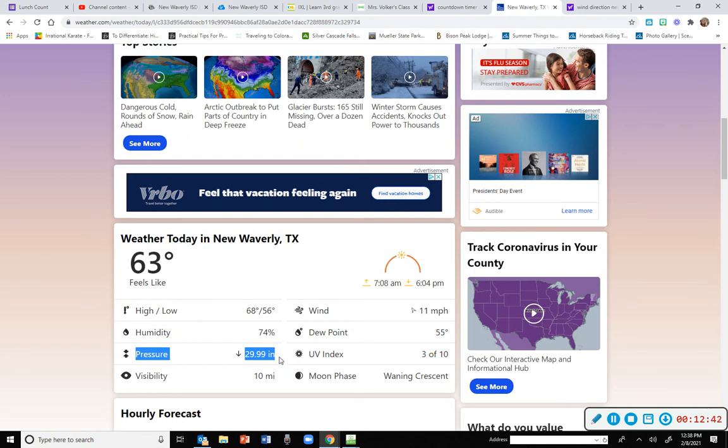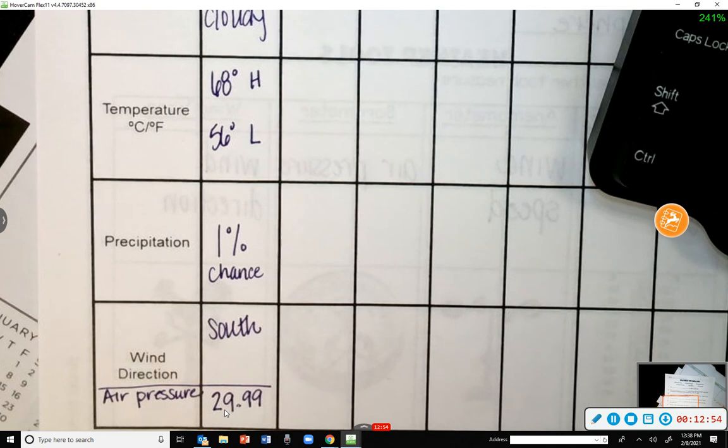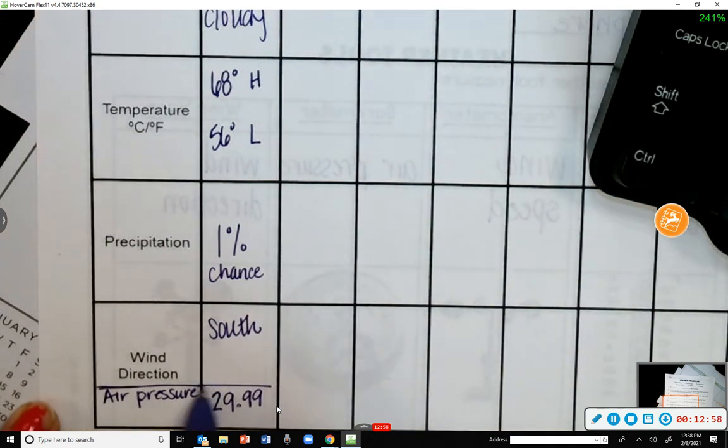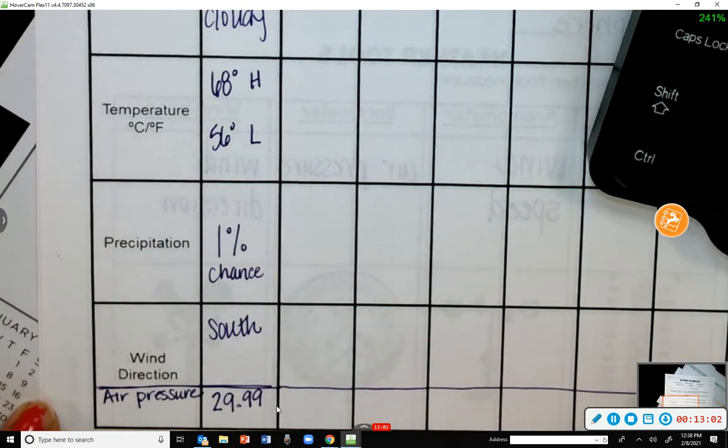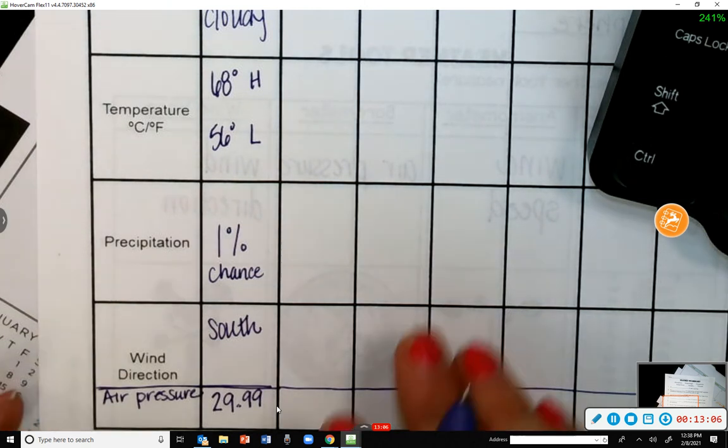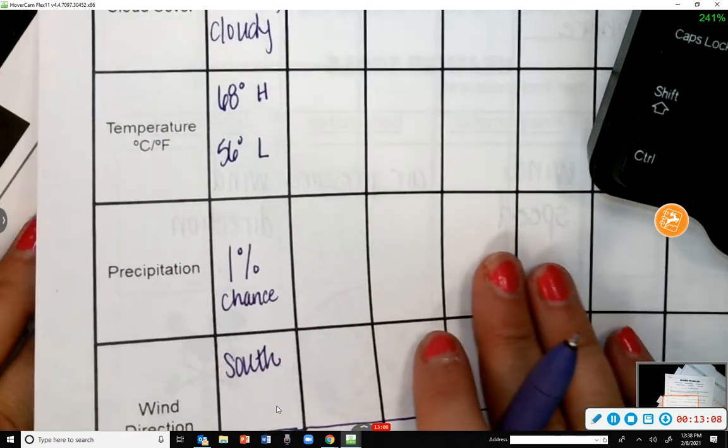Pressure 29.99 inches. So you could just put 29.99 and we'll track the air pressure for the rest of the week and see what happens. Okay? That's all we're going to do today.